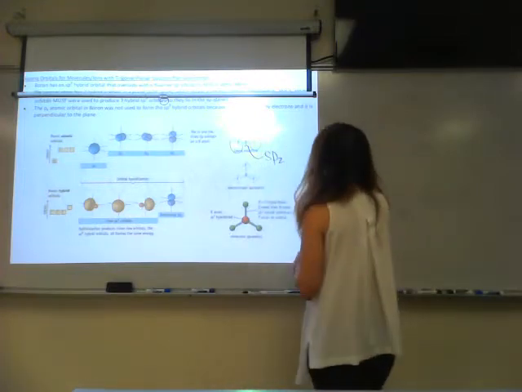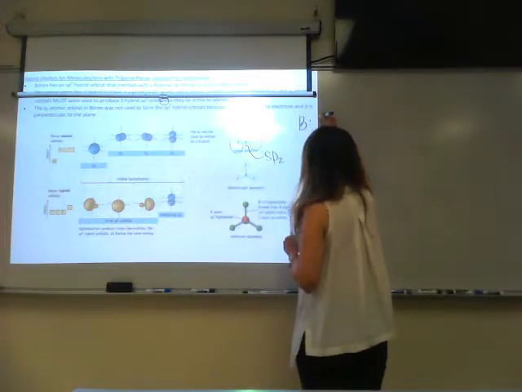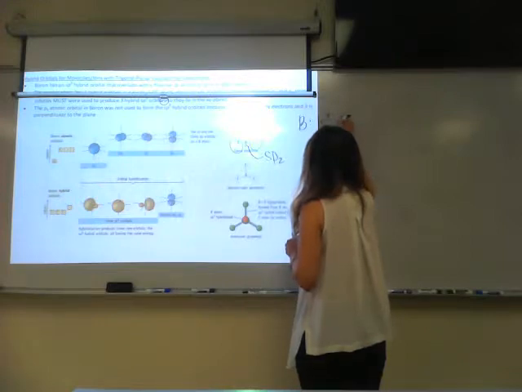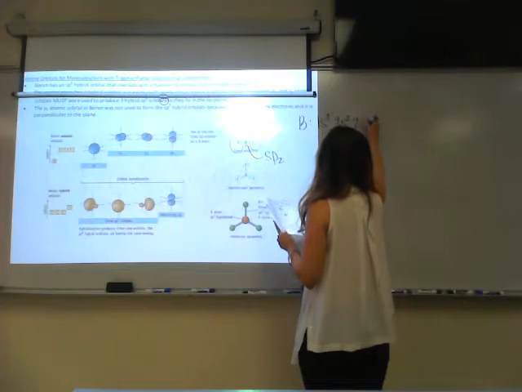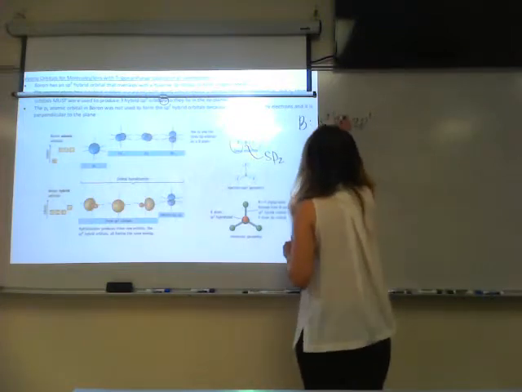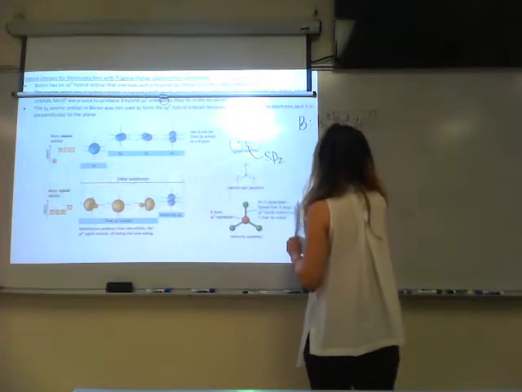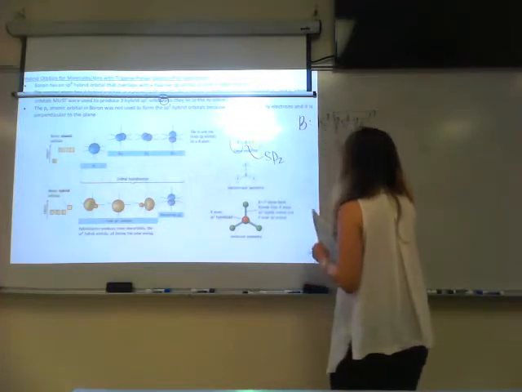Now, you tell me, what is the electron configuration for boron? 1s2, 2s2, 2p1. Okay, so this is its valence shell. It has 2 electrons in 2s, and then it has 1 electron in 2p, right?